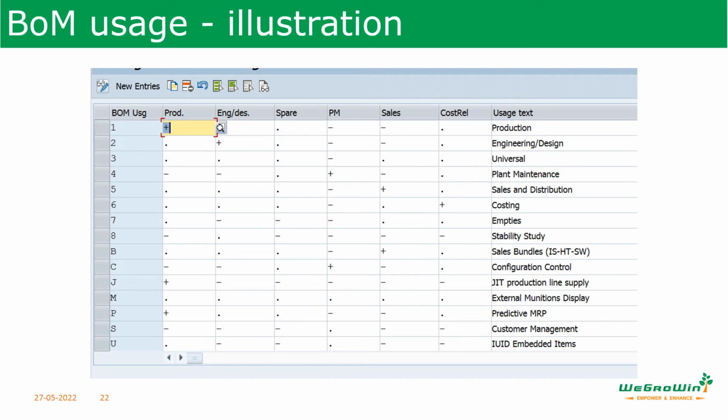The production BOM does not require any packaging materials required for this kind of activities or plant maintenance, right? Like this, the BOM usage has to be defined clearly. Whatever is available as the BOM usage, let us try to use them, and not do any additional configurations which are not actually required.